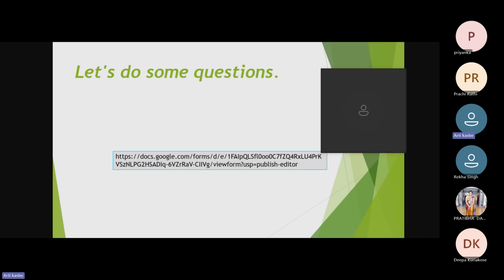Then first, second, third question. First done, second done, third done. The fourth is: why are interior angles called interior? What is the answer to that question? They are formed between two intersected lines. Yes. Good answer, Anika. Keep it up.